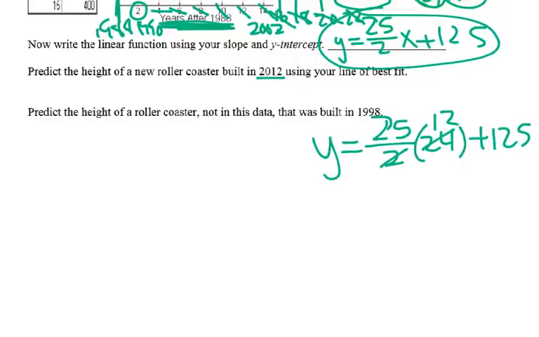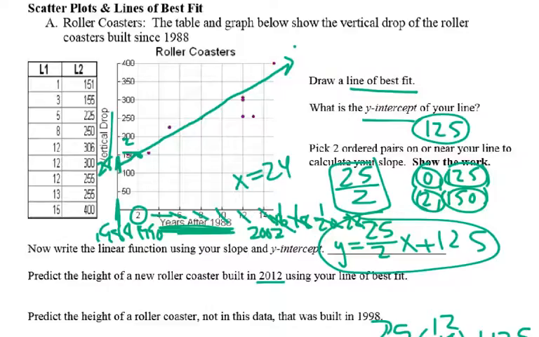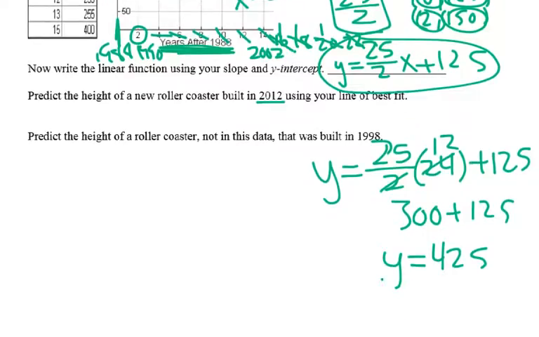So 25 times 12 is 300 plus 125, 425. So what that is telling me is that according to my line of best fit, in 2012, my height is going to be 425.